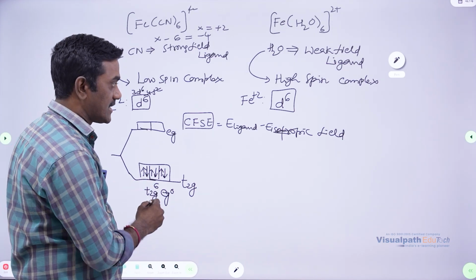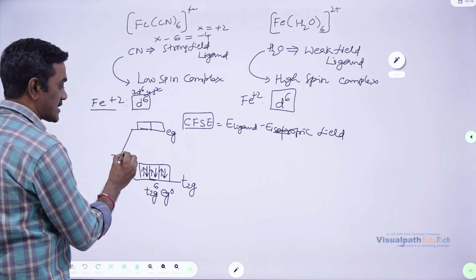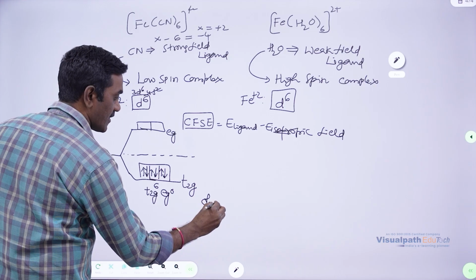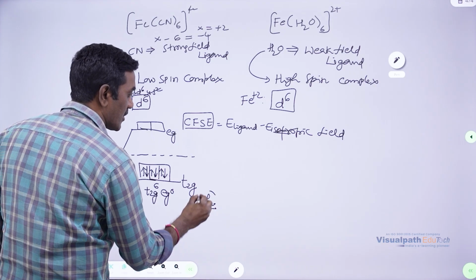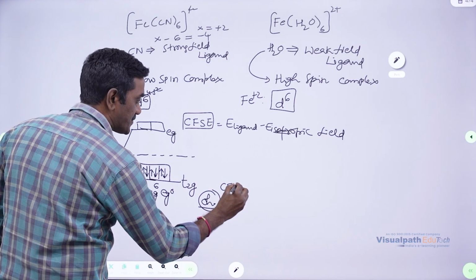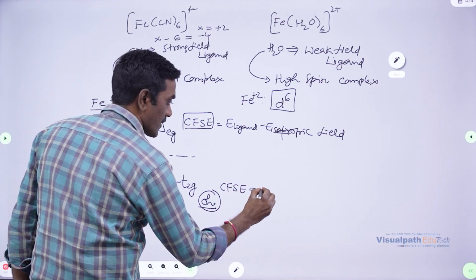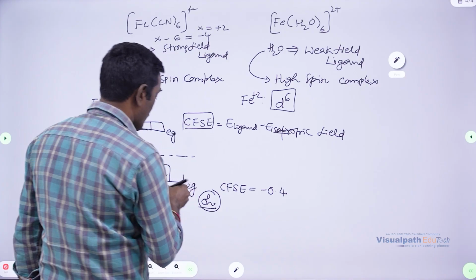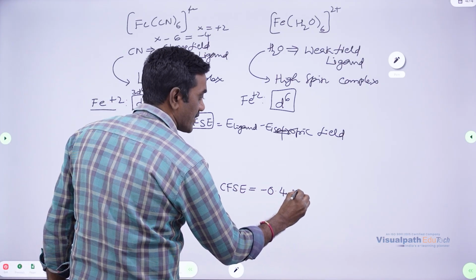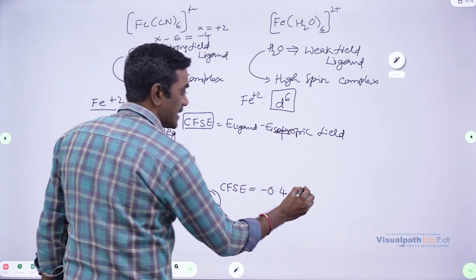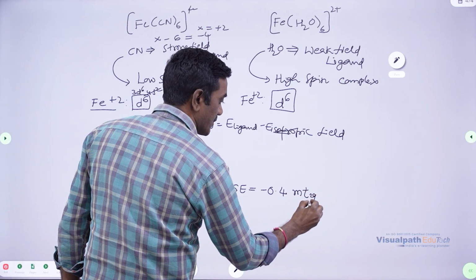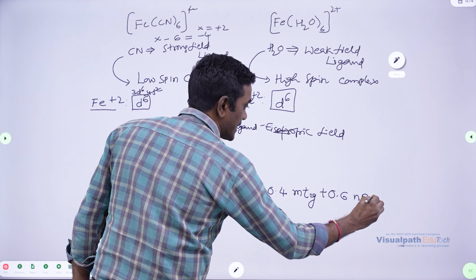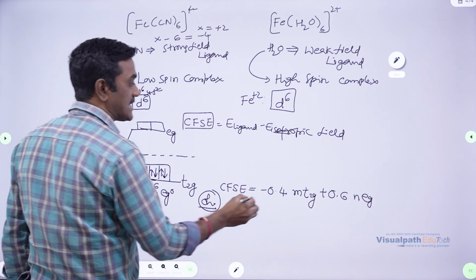Now I am going to show you how to calculate the CFSE. For octahedral complexes we have a formula. The CFSE is equal to minus 0.4 times m, where m is the number of electrons in t2g, plus 0.6 times n, where n is the number of electrons present in the eg level.